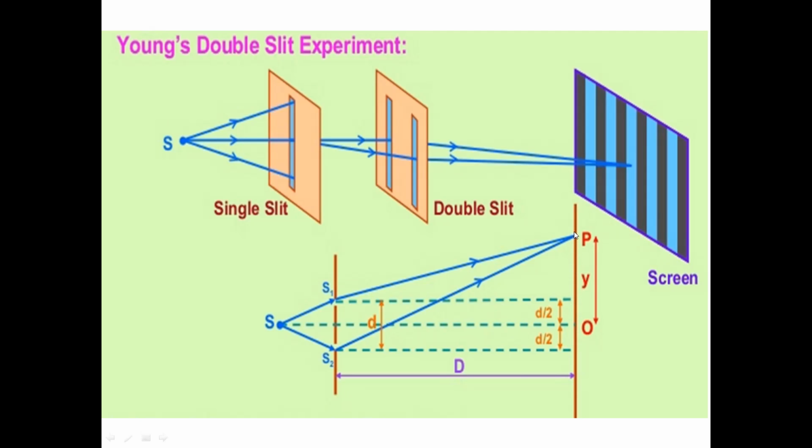But if you consider the point P, the waves from S1 and S2 travel unequal distances to reach the point P. S2P is greater than S1P. So there is a path difference which is equal to S2P minus S1P. So let us calculate the path difference.